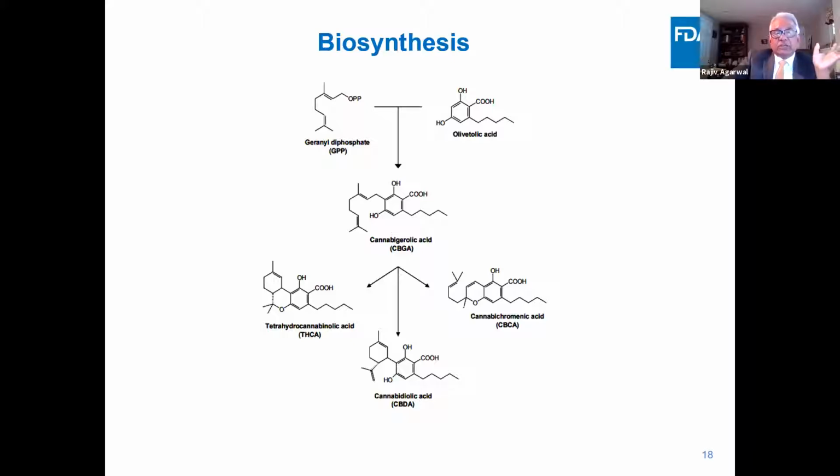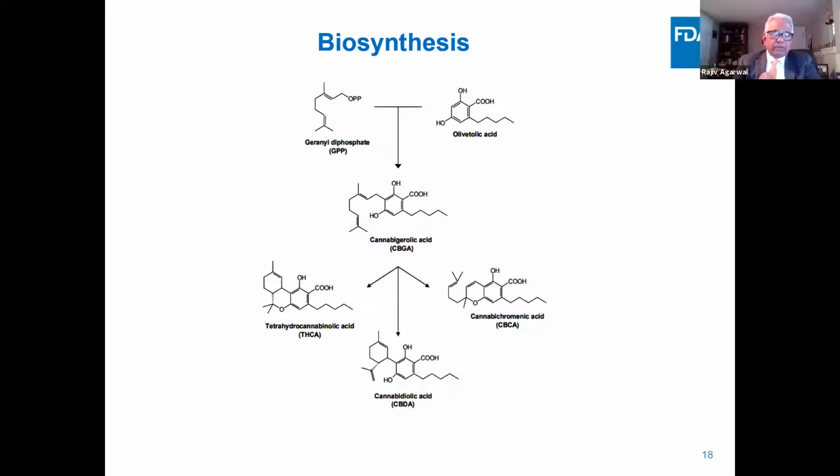So these two compounds give CBG and THC, CBC, and CBDA. These are different pathways that are followed within the plant to give the different cannabinoids, and the most popular cannabinoids are THC and CBD.